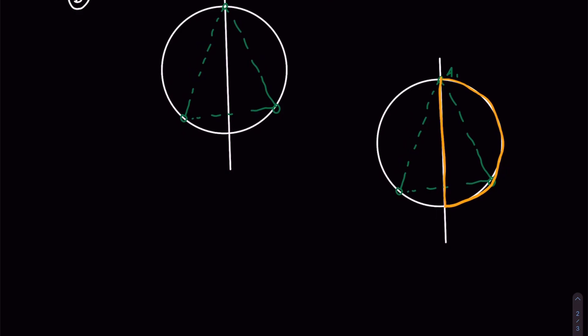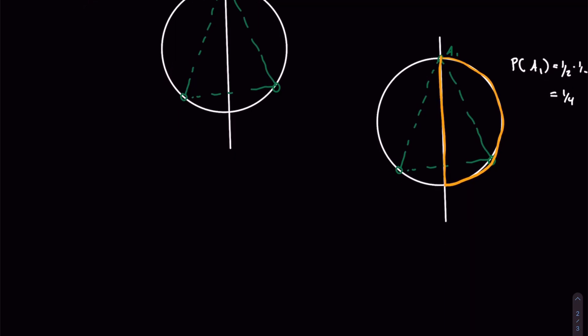So I'll just call this the probability that we have a semicircle. This event now, A1, is a semicircle, and the 2 other legs will fall into the semicircle. Basically, we have a failure here. So this would be 1/2 times 1/2. So that's 1/4. Okay.